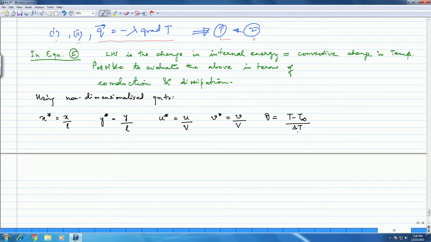Now, delta T is some suitable temperature difference. What we've seen earlier is that it could be the difference between the wall temperature and the free stream temperature. That's a possibility, but it's essentially whatever is suitable to the problem at hand. And again y bar, and v bar.